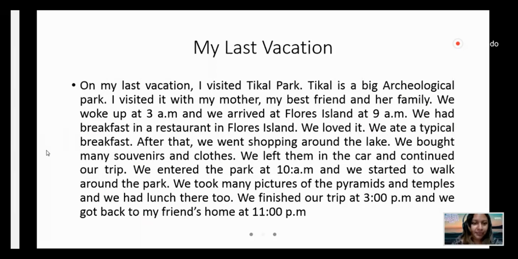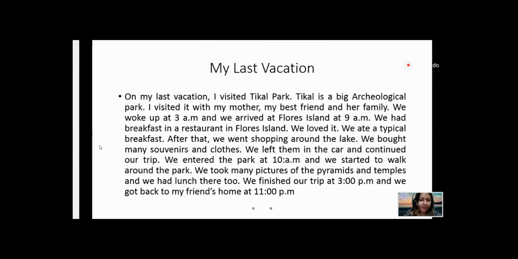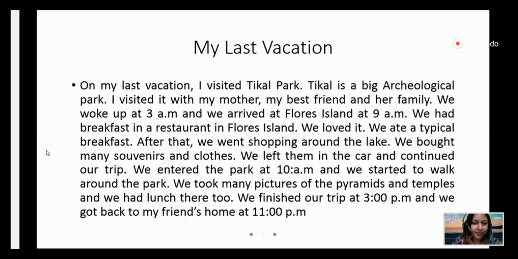We ate typical meal, or food. Well, okay. What else? We went to visit Guatemala City.